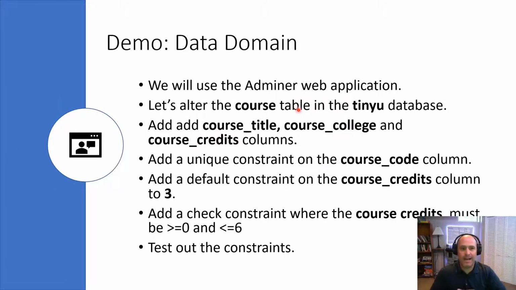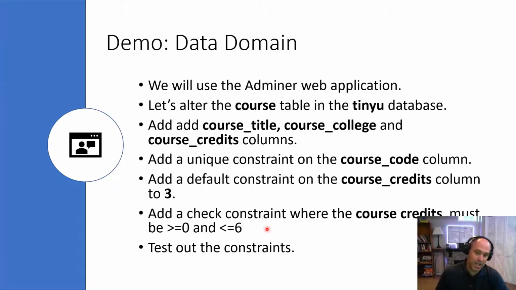All right, it's demo time again, and we're going to look at the data domain one more time. And we're going to go back to Add Minor, and we're going to do all of the following here. We're going to add some more columns and then add some constraints to show you how constraints can be used to control the data that goes into the table and to keep the data as accurate and as meaningful as possible.